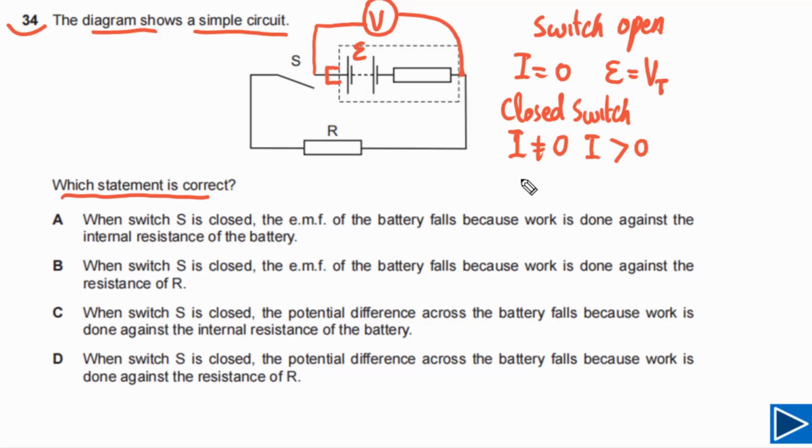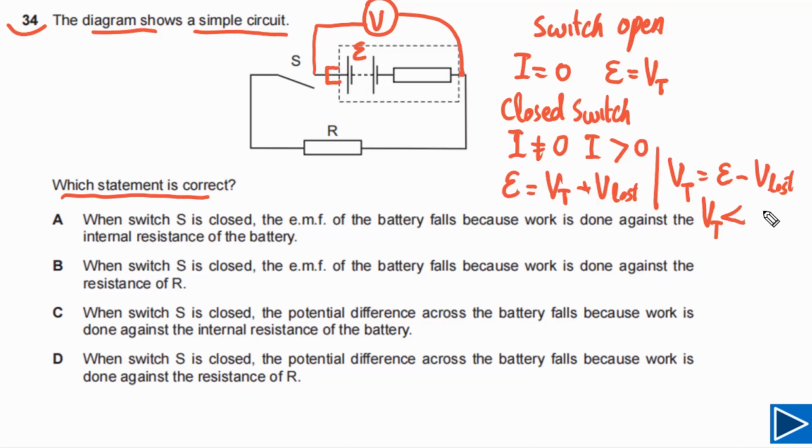So now if you write down the equation, EMF will be equal to the terminal potential difference plus V lost. From here we can find out terminal potential difference will be equal to EMF minus V lost. Or simply we can say in this case terminal potential difference will be less than EMF. Why is it less than EMF?